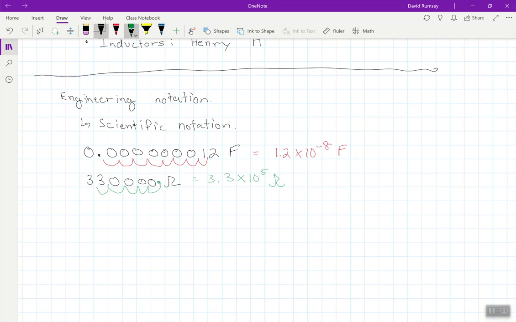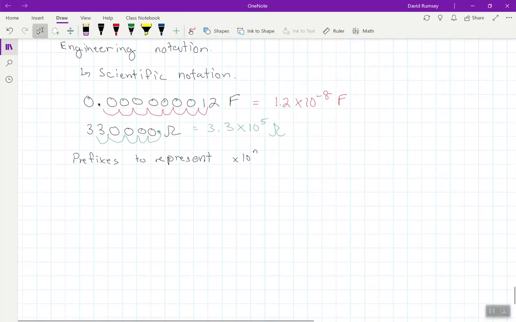Now, that's all well and good, and those are correct numbers as far as written with scientific notation, but in engineering we're like, well, that's even kind of a pain to always have to be writing times 10 to the negative 8 or something. So in engineering, we're going to use prefixes to represent times 10 to the n power, because it could be any n power.